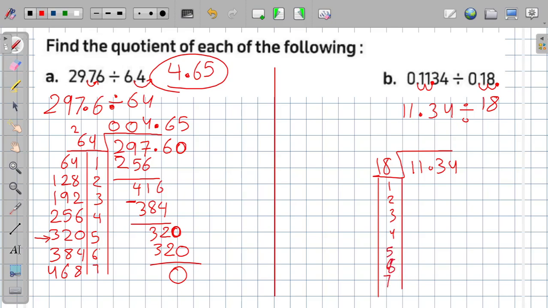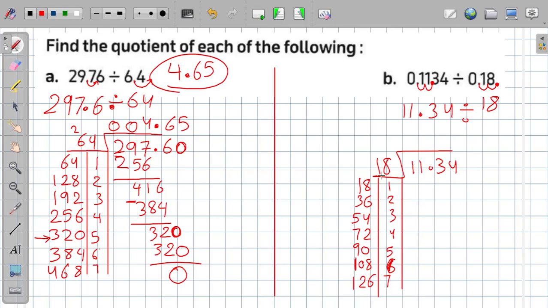Okay. So 1 by 18 equals 18. 2 by 18 equals 36. 3 by 18 equals 54. And 4 by 18 equals 72. 5 by 18 equals 90. And 6 by 18 equals 108. And 7 by 18 equals 126. Okay, let's stop right here.